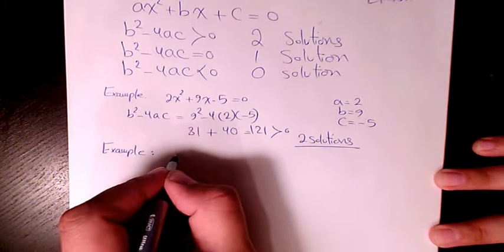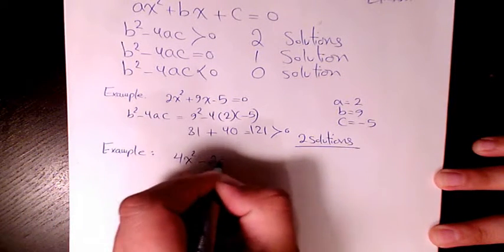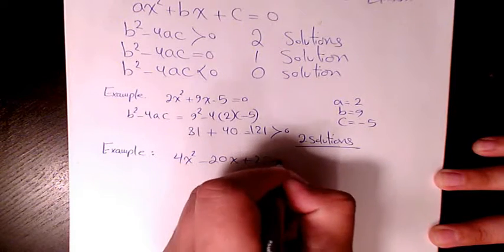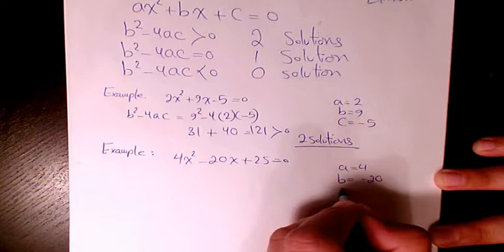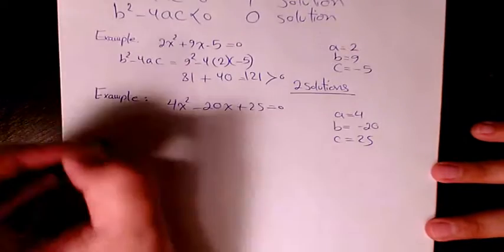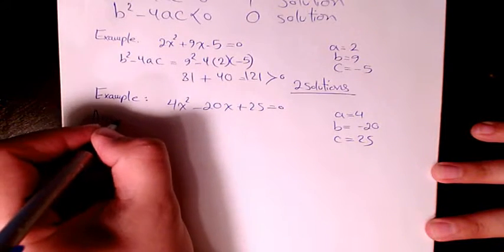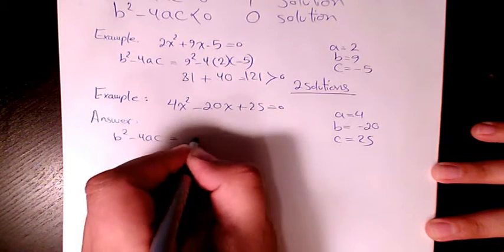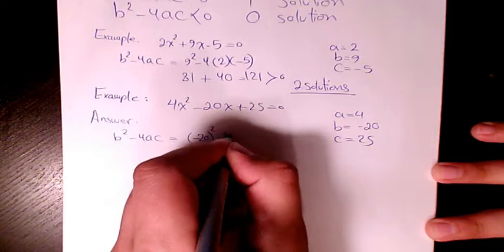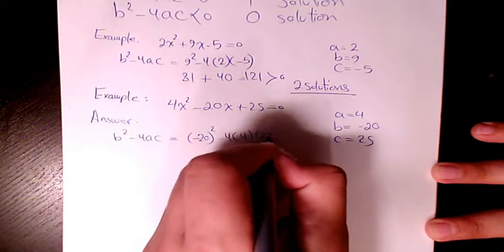Next one we have 4x squared minus 20x plus 25 equals 0. So a is 4, b is negative 20, c is 25. So b squared minus 4ac will be negative 20 to the power of 2 minus 4 times a times c.